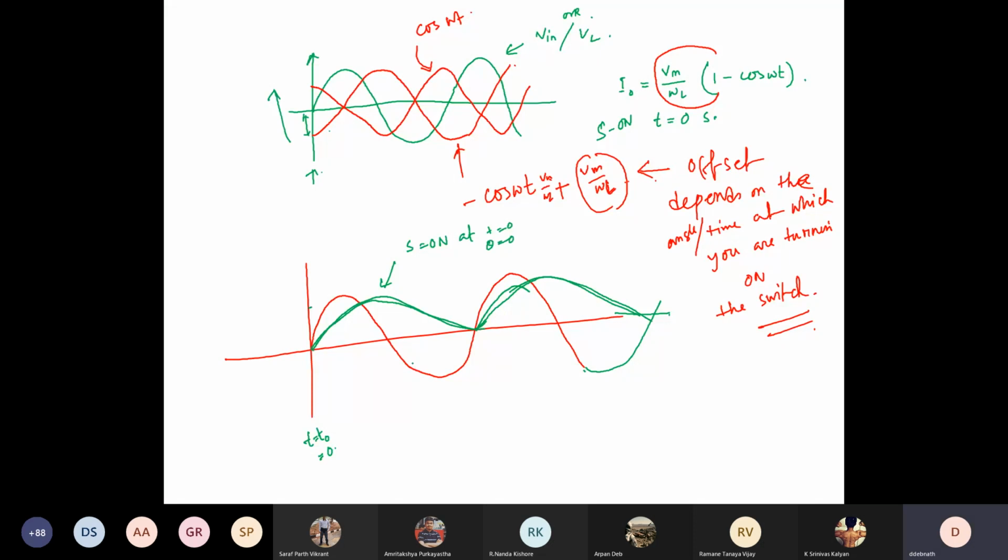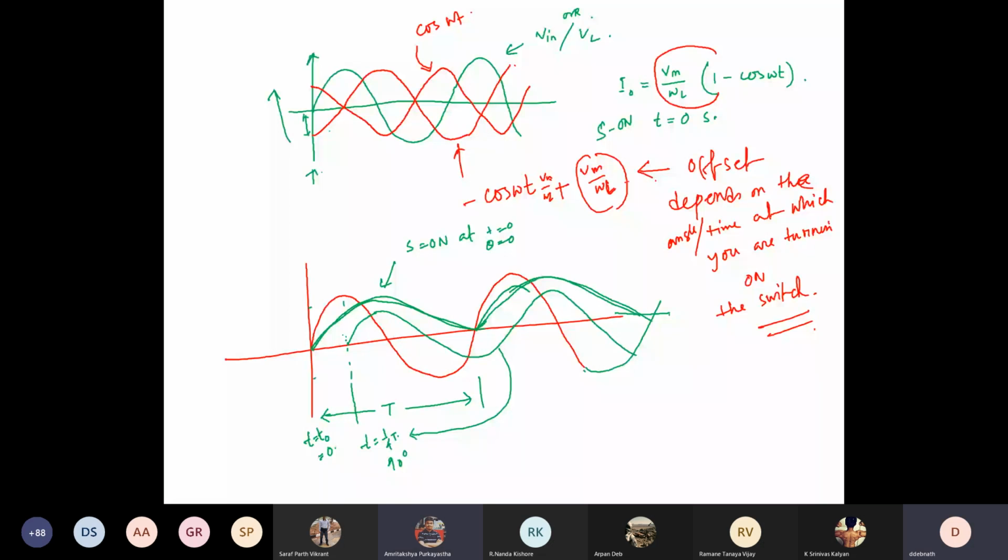But if you switch on here, this is 90 degree, right? T equal to 1 by 4 T maybe, right? Because this will be your entire time period. So if you switch on at 1 by 4 T, basically at 90 degree, you will see current like this, which is what we learned. So the offset will always be such that the current at the time of switching is 0.